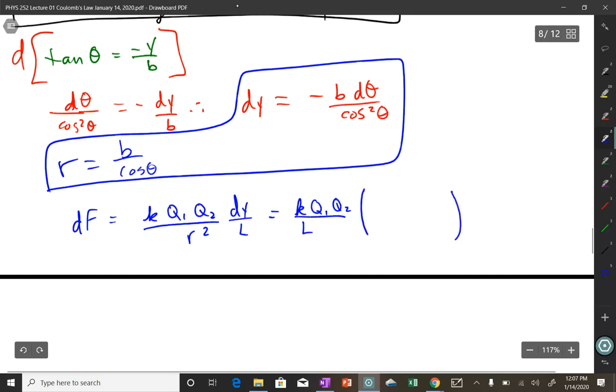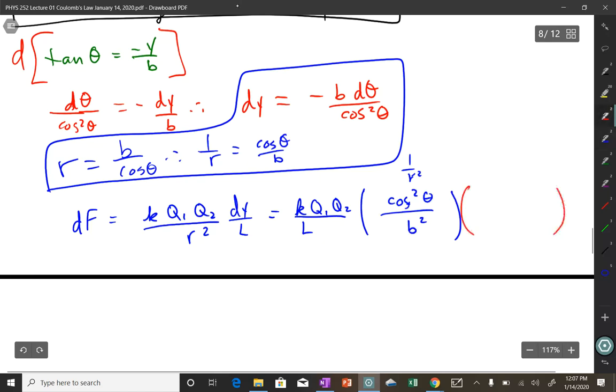this is going to be 1 over r squared. We have 1 over r squared and we have dy, so I have to put both in. So 1 over r is cosine theta over b, and if I square that, you have cosine squared theta over b squared.